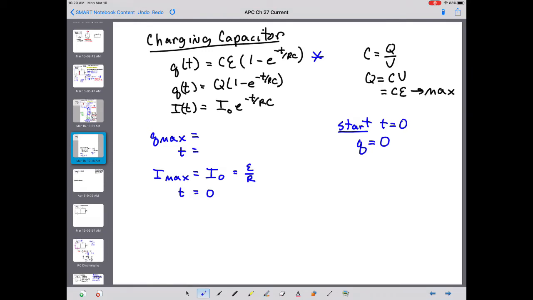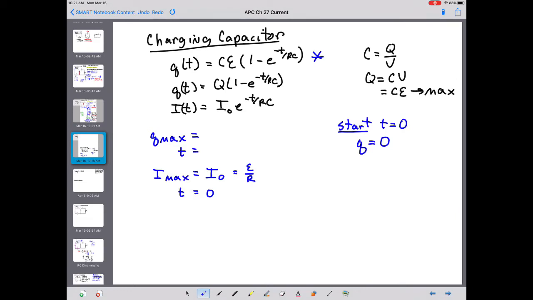Flipping back over to Q max, we know at the start Q is equal to 0. Well, if you plug an infinite amount of time into your Q of t equation, that would basically be Q times 1 minus e to the negative infinity. Well, that would be 1 over e to the infinity, and 1 over e to the infinity is going to go to 0.